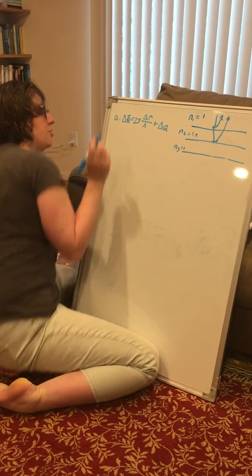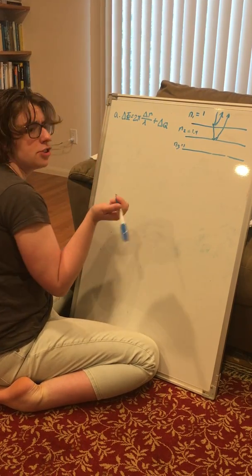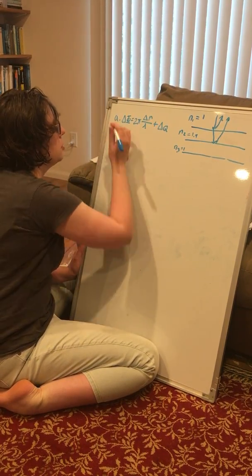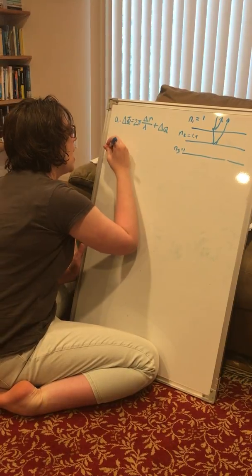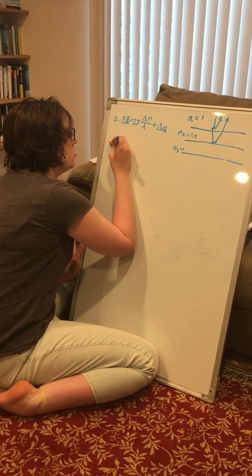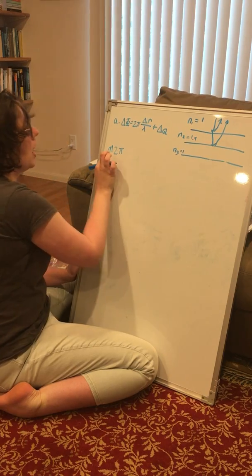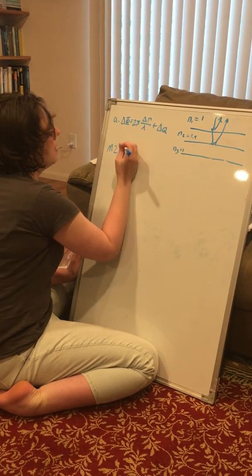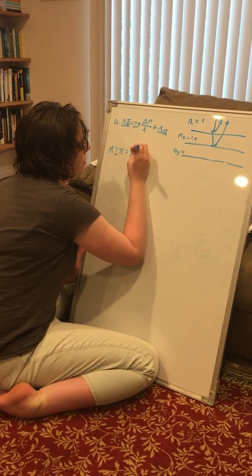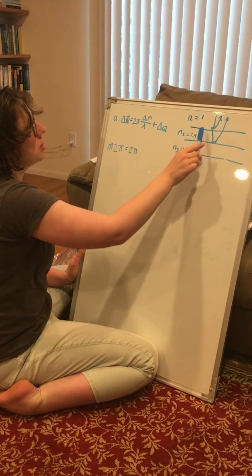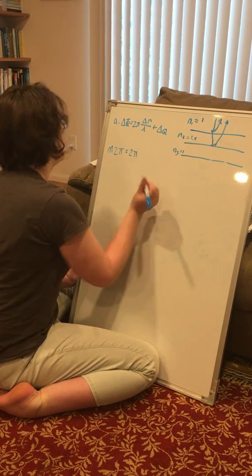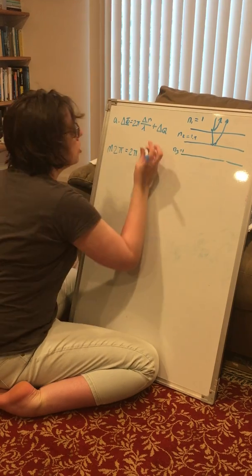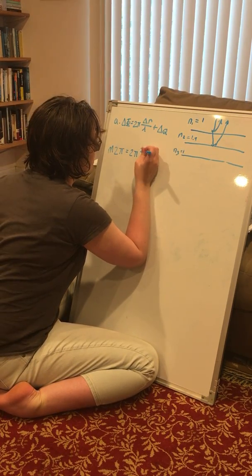For instance, we're interested in constructive interference, and we know constructive interference has to be an integer multiple of 2 pi. So we can write delta big phi as m 2 pi, where m is an integer. And then that is equal to 2 pi. Well, delta r is the extra distance here, so it's 2 times t, and we are given t in the problem. So we can write that as 2t.